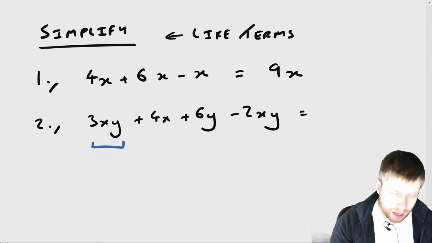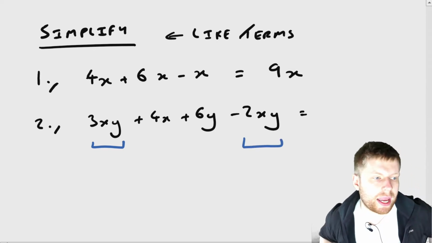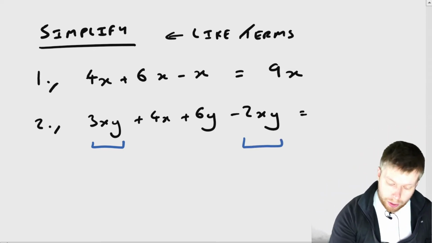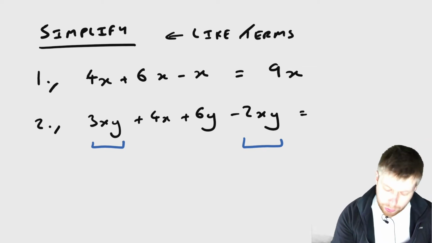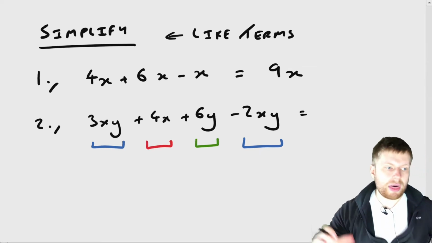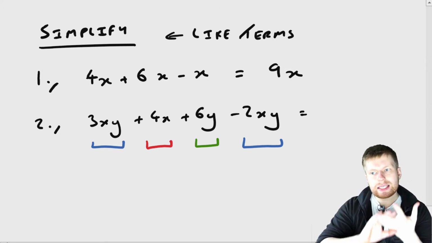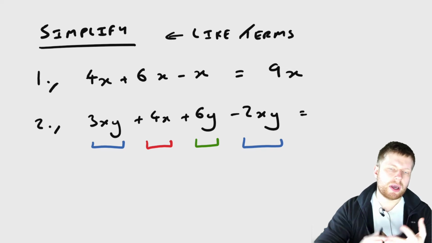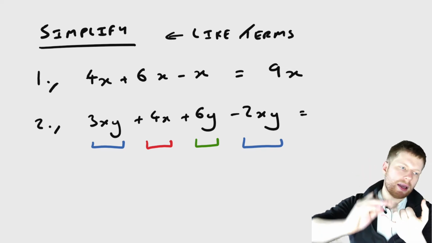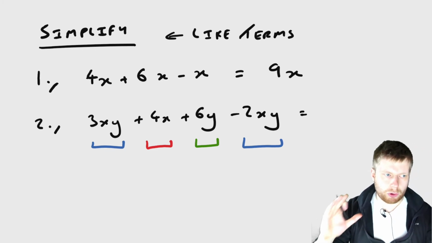So you notice the first term has an x and a y in, and the last term has an x and a y in. Therefore, these are like terms. Now, if I look at the other two, well, this term has an x in, but this term has a y in. Therefore, these are not like terms either, okay? So actually, I have 3 sets of like terms. I have terms with x and y in, I have terms with x in, and I have terms with y in, and that's it. So I've got 3.